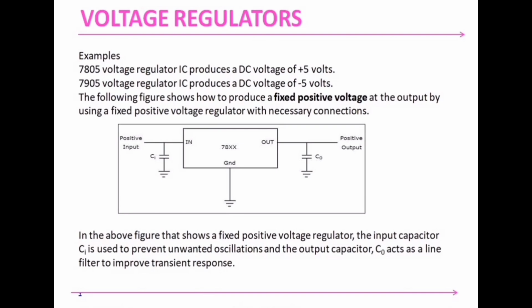The 78 series, that is 7812, is for producing positive 12 volt DC, right? These are available in various versions like low power and high power versions. The low power versions are available in plastic or metal packages like small signal transistors.